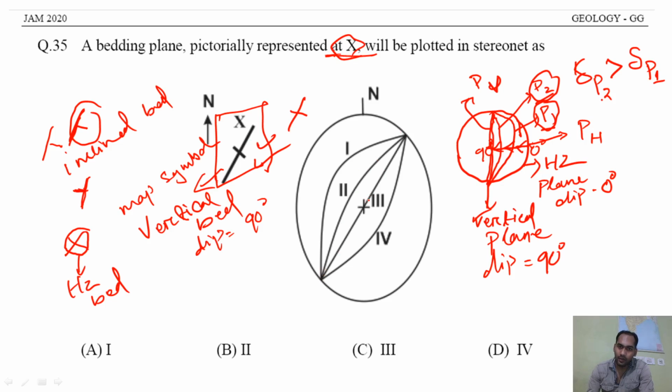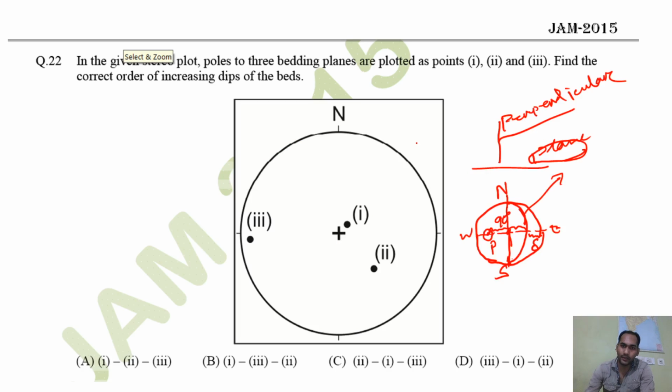So this line which is passing through the center will represent the bed X, right? So as I told, after this question we will solve the first question.